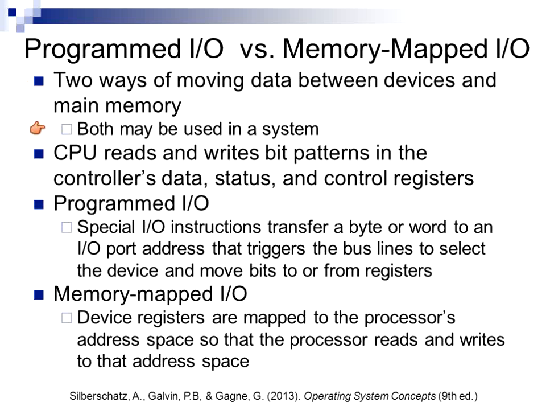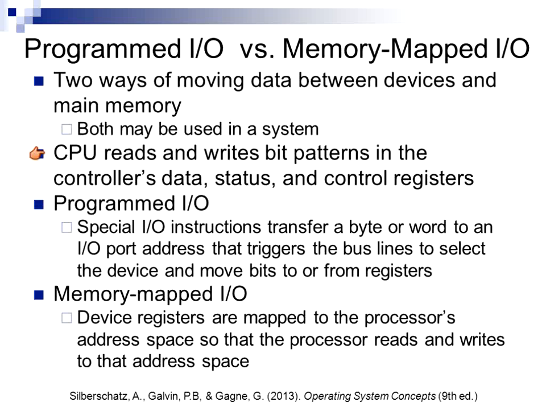You can use both types, programmed I/O and memory mapped I/O, in the same system. And what happens is when the CPU, when the processor, when what we think of as the computer wants to write out some data or get some data from one of the I/O devices, it writes bit patterns into the controller's registers.